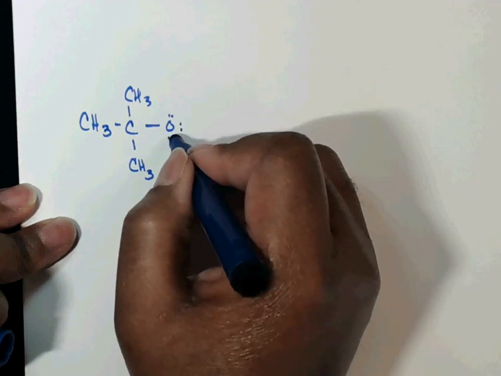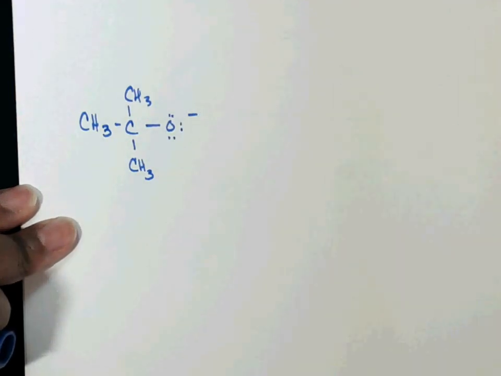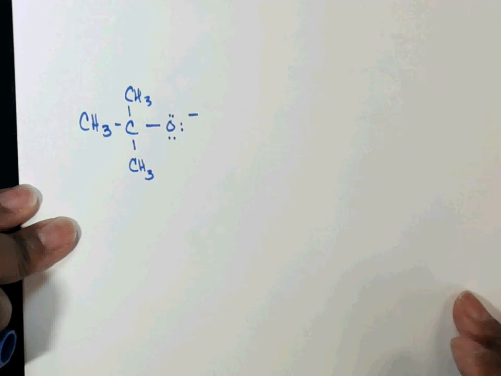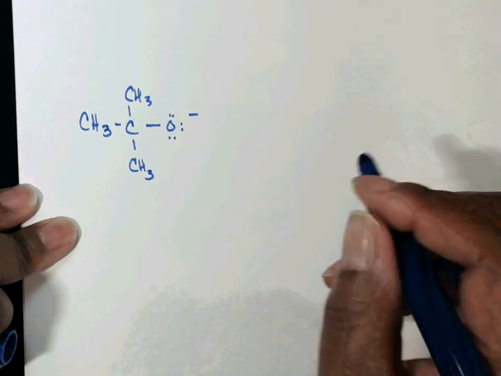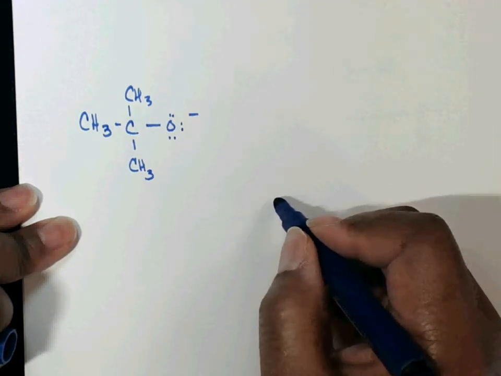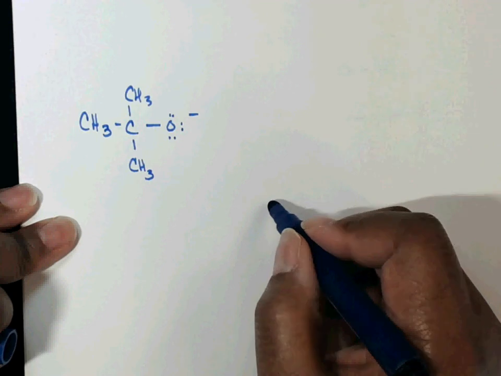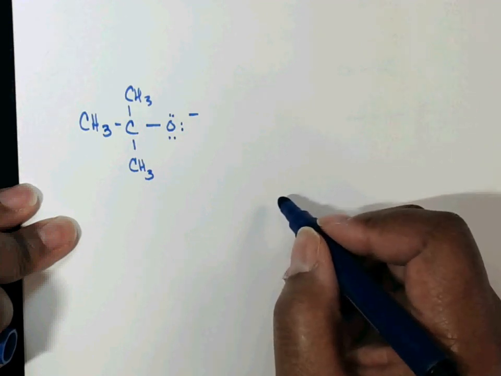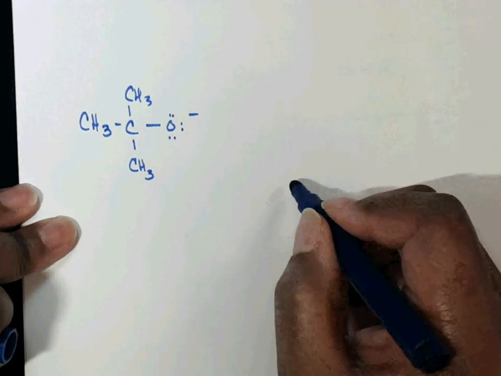So there's my alkoxide. How about we use, I don't know, methyl chloride? That sounds good. Does it matter what type of halide you're using?